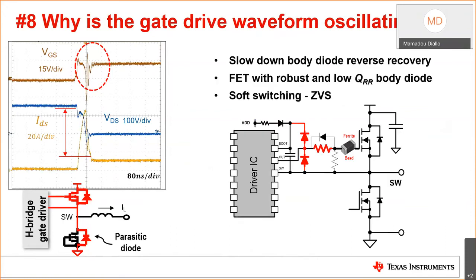And if you see here, you want to make sure that you're slowing down the body diode reverse recovery and using a robust FET with an optimized QRR body diode. And also another alternative is implementing soft switching to prevent the body diode from conducting during these transitions.